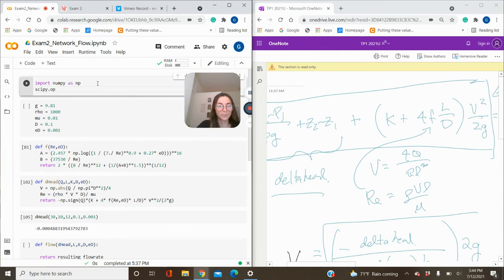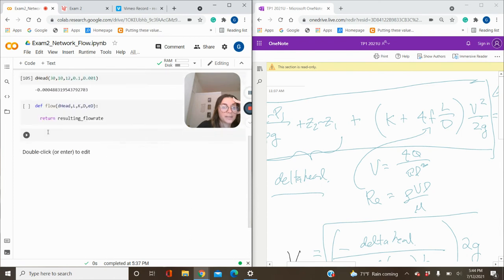I keep saying SciPy. Carlos says SciPy. Optimize. We know how to spell because we're smart. I'm going to import our Newton function. So now that that is there, we go back down.